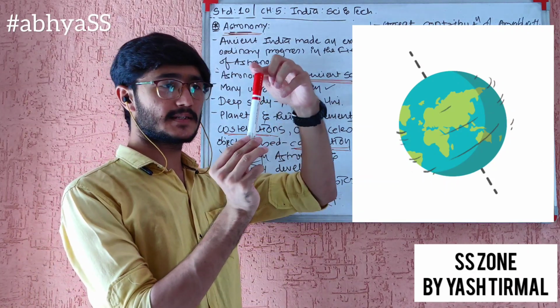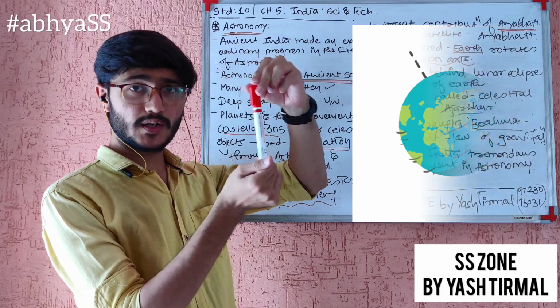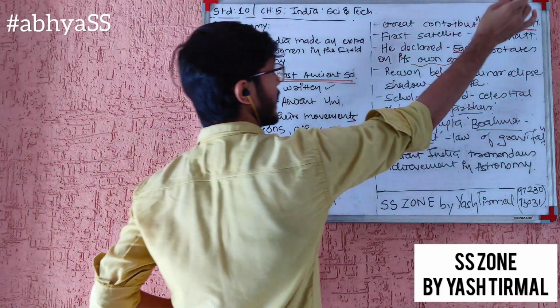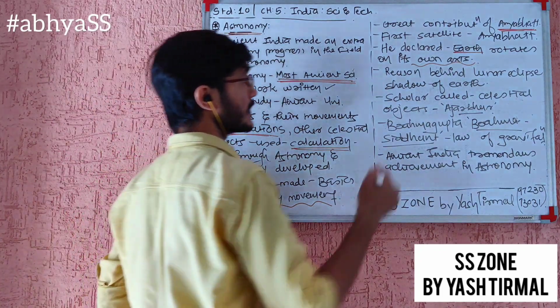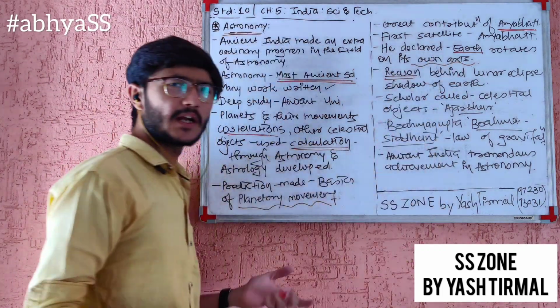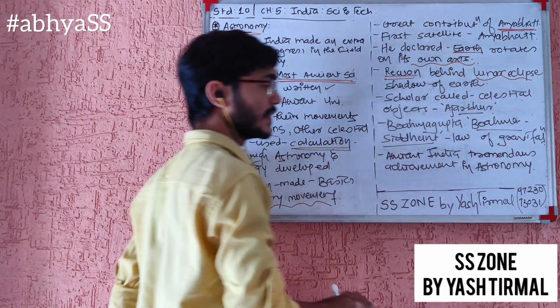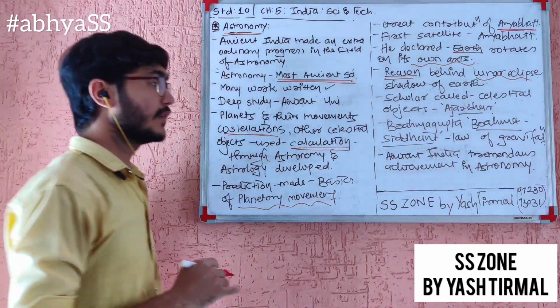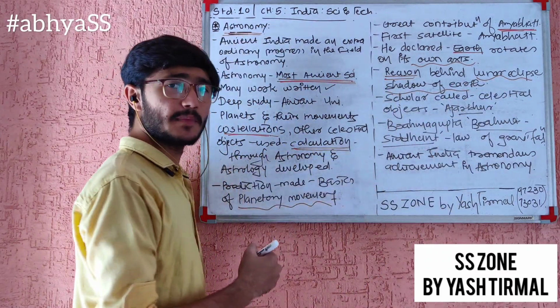This rotation of the Earth on its own axis was also given by Aryabhatta. Not only this, he also gave the reason behind the lunar eclipse. He said the reason behind the lunar eclipse is the shadow of the Earth. So how is this possible?